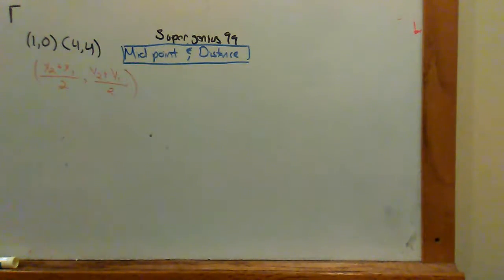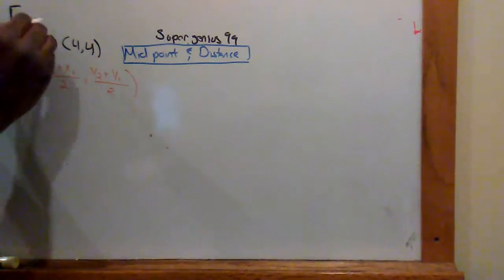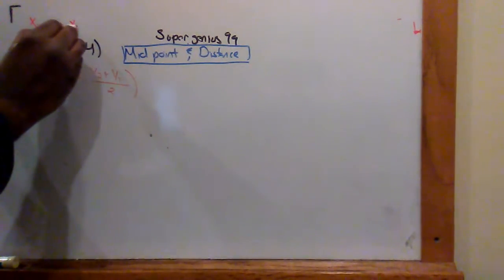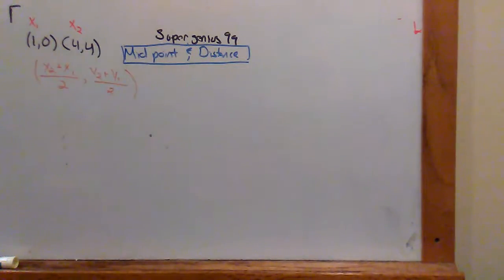So our x values are what? What are the x values here? Our x values are these. Okay, so we're going to add those up and divide by 2.